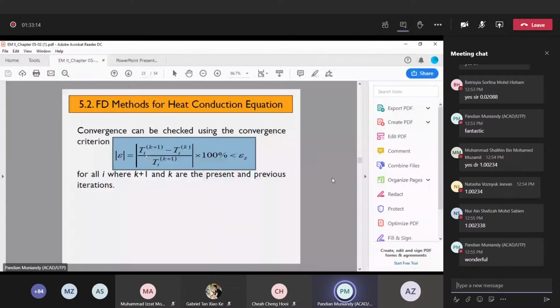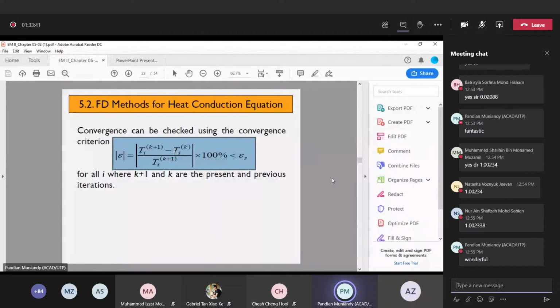So you write down T1 superscript 2 minus T1 superscript 1 divided by T1 superscript 2. That means K plus 1 is the next iteration. K is the previous. So second iteration minus the first iteration for T1 only.